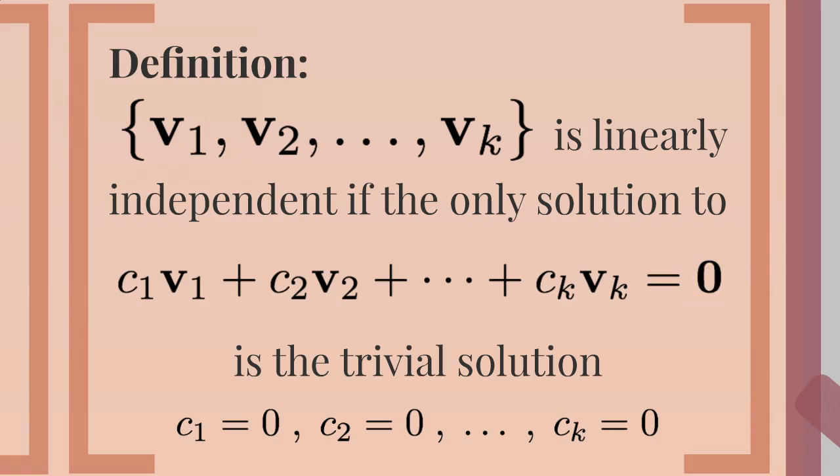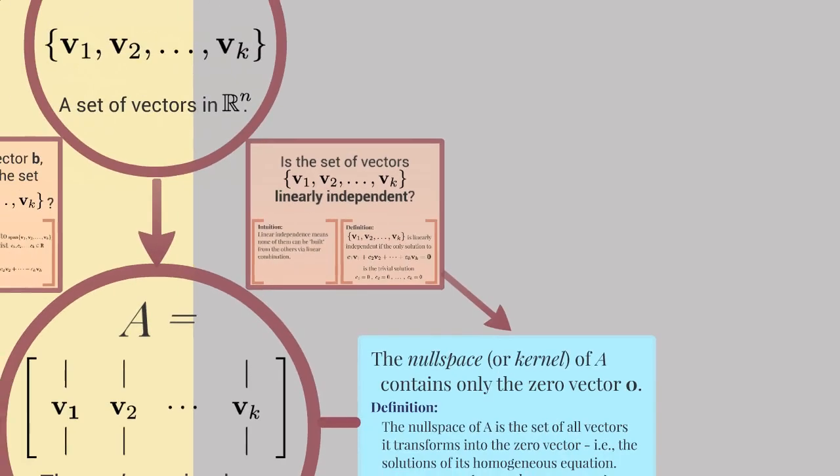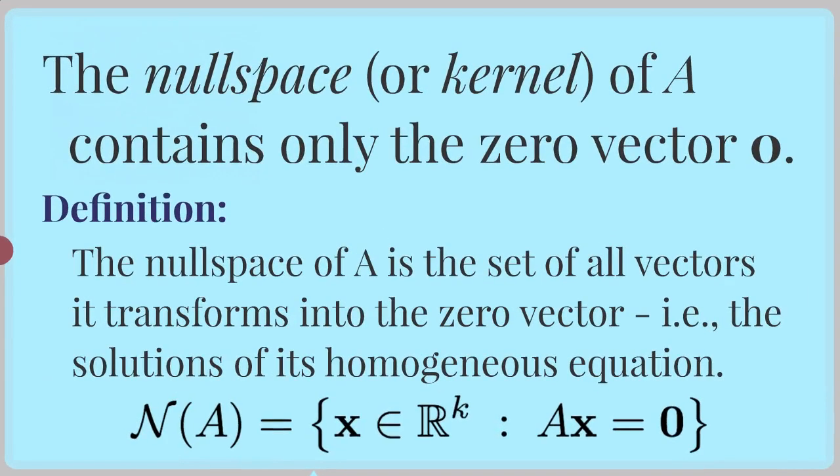Because the right-hand side is the 0 vector, we call this equation the homogeneous equation, but we also associate to it a particular property of this matrix. Namely, we associate it with what's called the null space of the matrix A, or sometimes the kernel of the matrix A. By definition, the null space of a matrix is the set of every vector that that matrix transforms to 0.